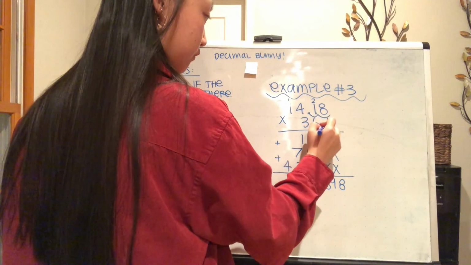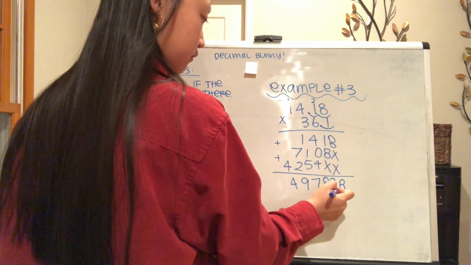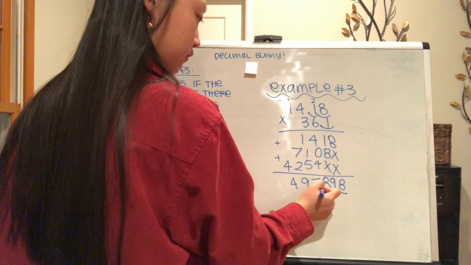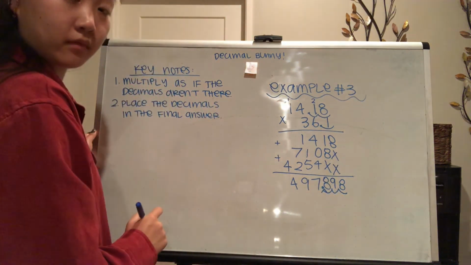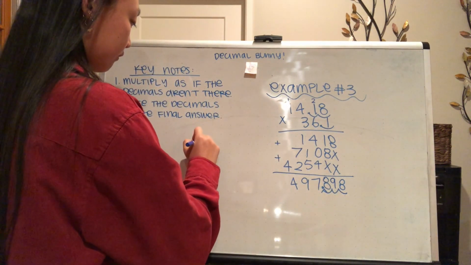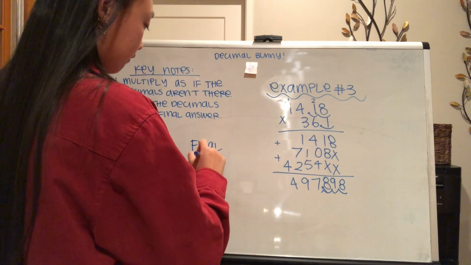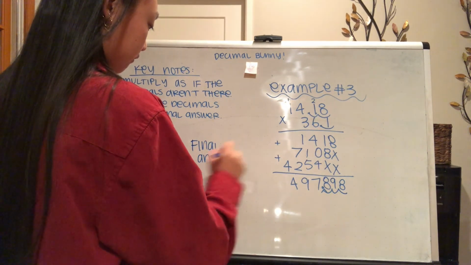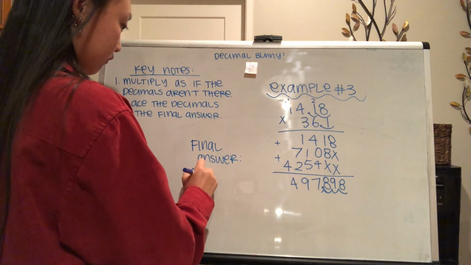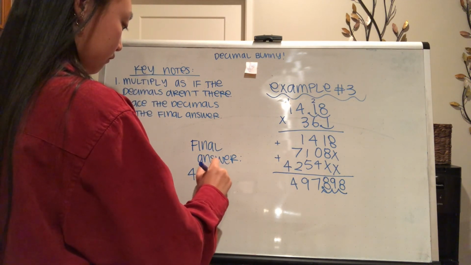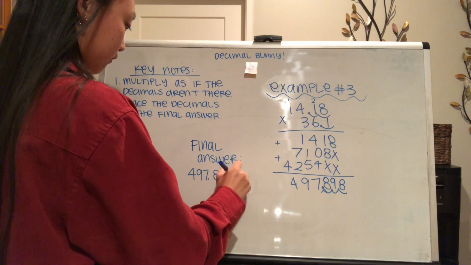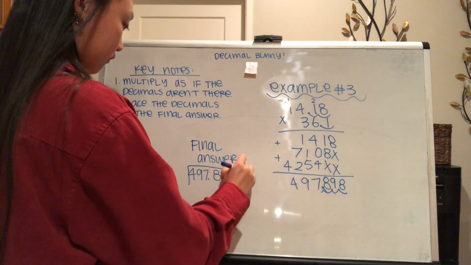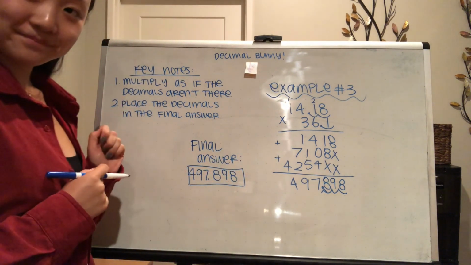And then you're going to see how many spaces are to the right of each decimal, and make sure that the answer has the same amount of spaces after the decimal. So the final answer is 497.898.